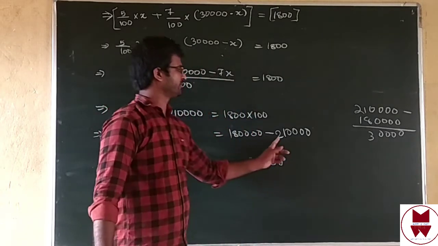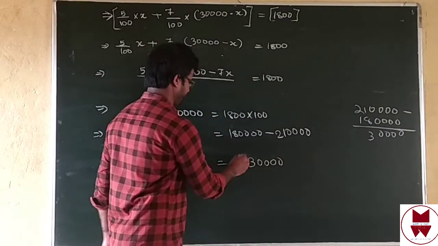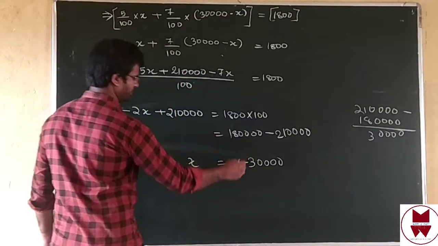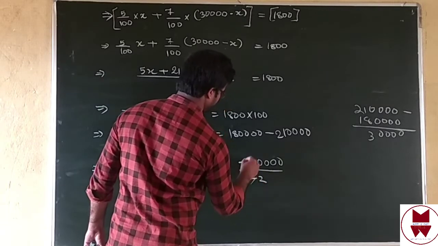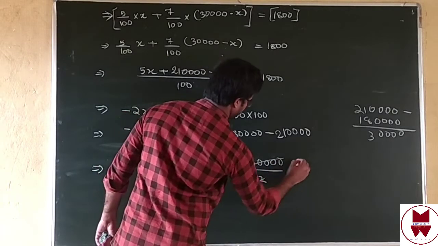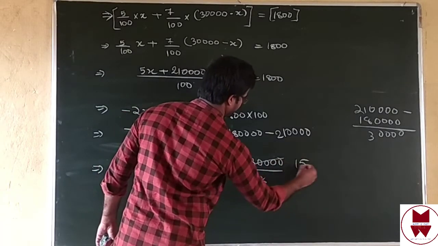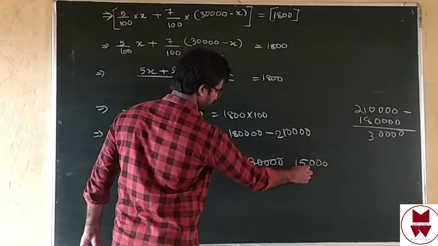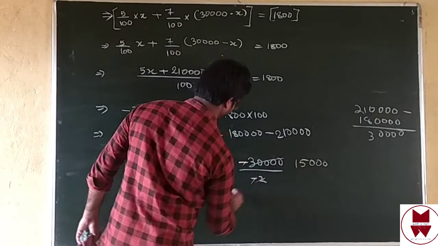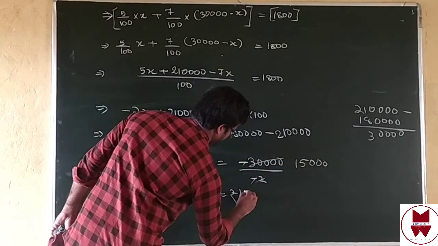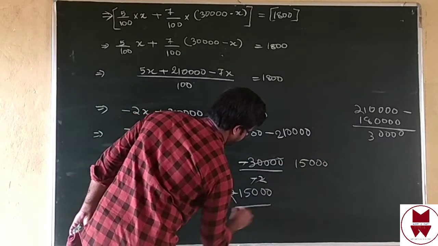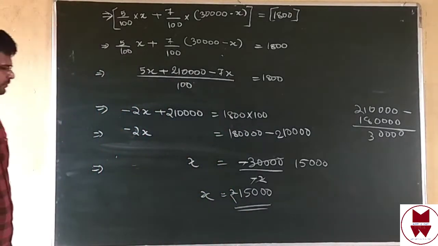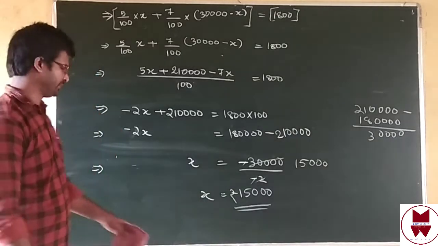This 2 lakhs 10,000 is the big number, that's why we subtract. Subtracting, we get 30,000. This minus 2 brings to the right side and that will be divided, correct? That will get 15 with 3 zeros. In 30, how many times 2? 15 times. Then the remaining 3 zeros. Yes. We got X equal to rupees 15,000.